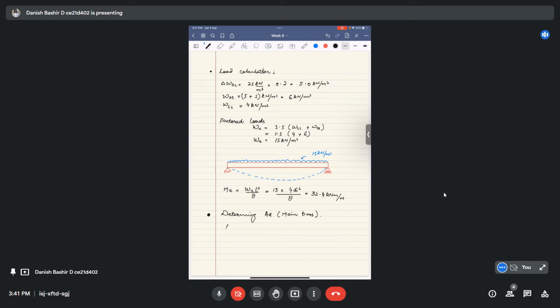From the code we can directly have the formula: Ast by bd is equal to fck divided by fy into 1 minus root of 1 minus 4.598 Mu by fck bd square.